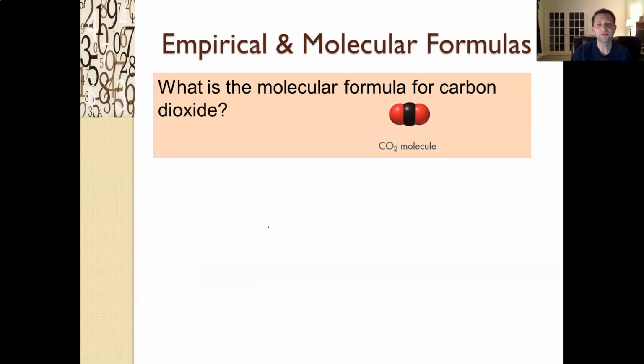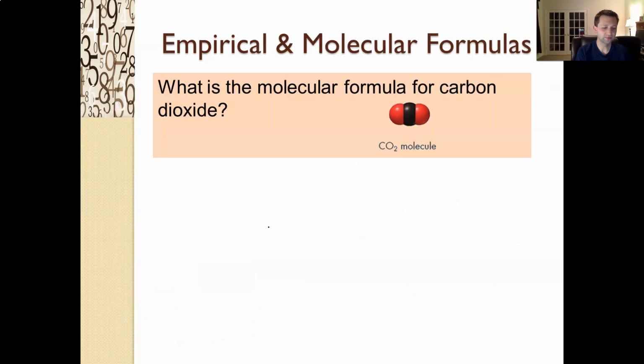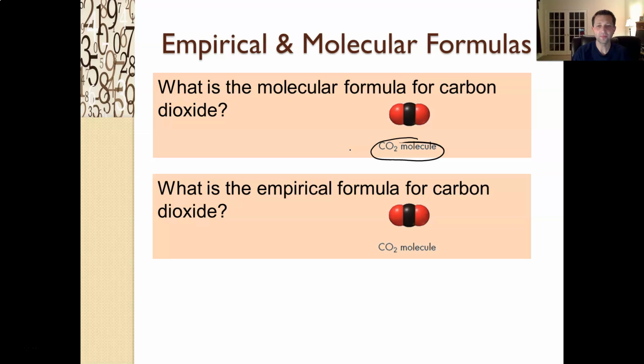Okay, so what's the molecular formula for carbon dioxide? Molecular formula is simply the number of atoms present in a molecule. Well, carbon dioxide has 1 carbon and 2 oxygens present. So the molecular formula is CO2. What's the empirical formula? Remember, the difference here is the empirical formula is the lowest whole number ratio.